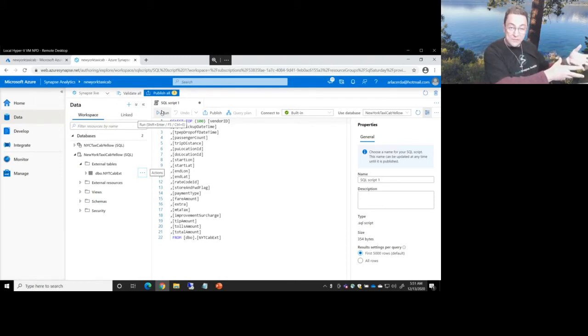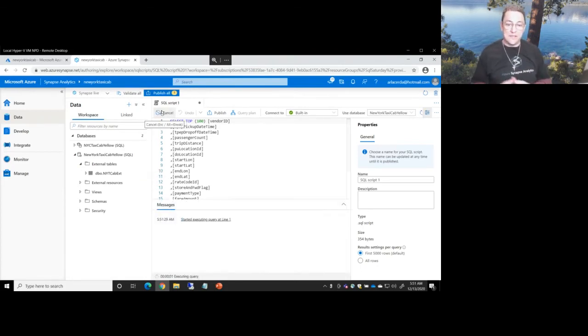We collect the data from the data lake, process the data, and give me the results. So when I run a query like this, it's really external data coming from the lake and whoever is putting data there in the lake.